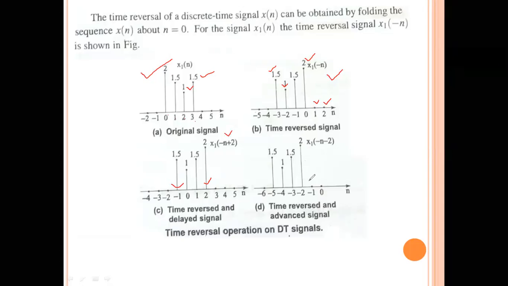If you delay the signal by 1 unit, the signal is at minus 1. If you delay one more unit, the signal is at minus 2. We are not going to change the magnitudes. Please, all of you should be very careful. I am not going to change the magnitudes, and the shape of the waveform is also exactly the same, but the only thing is you need to change the times.